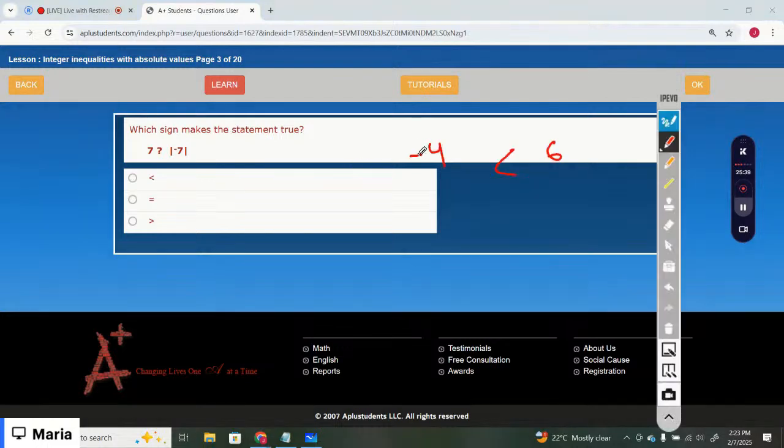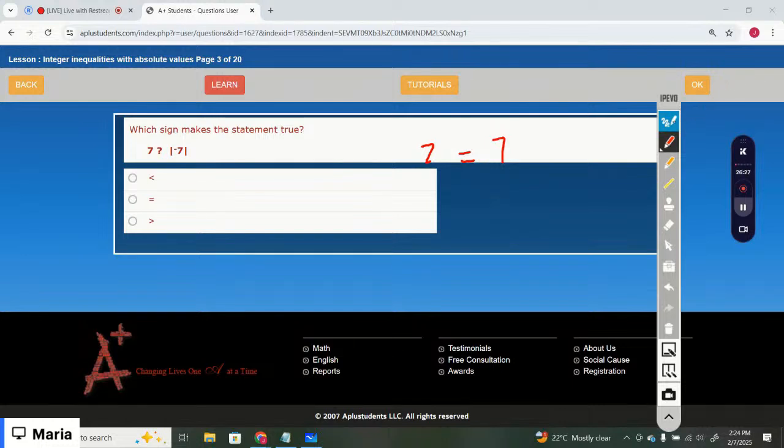The absolute value of negative 7 is 7, so they both are exactly equal.